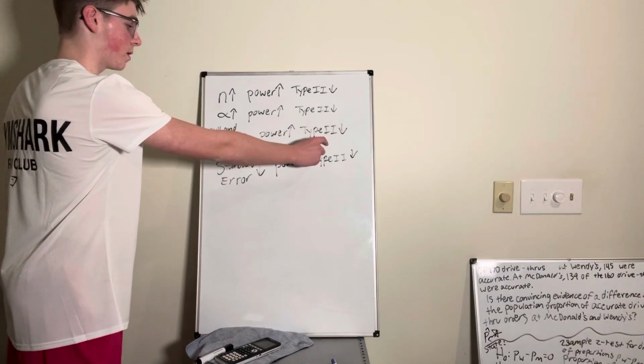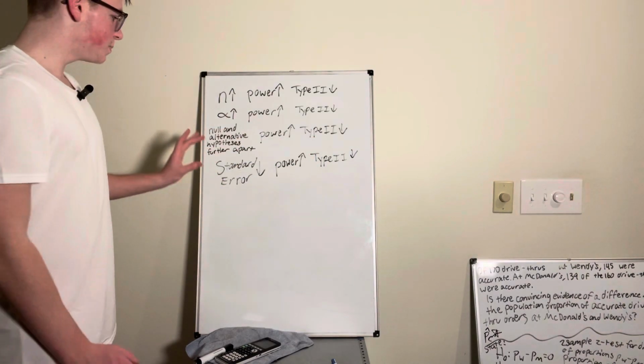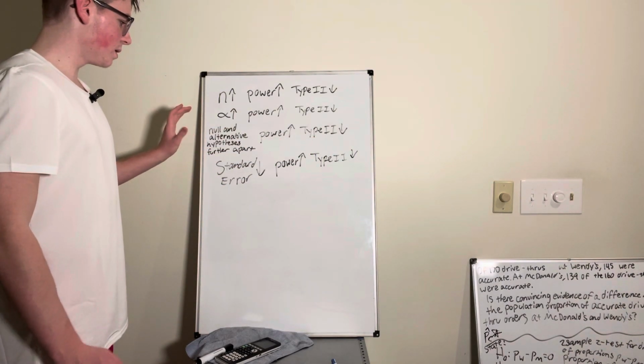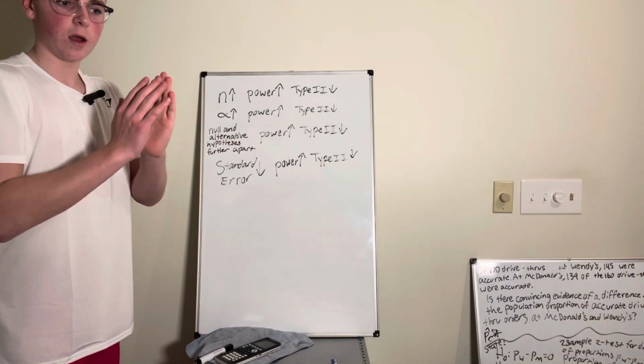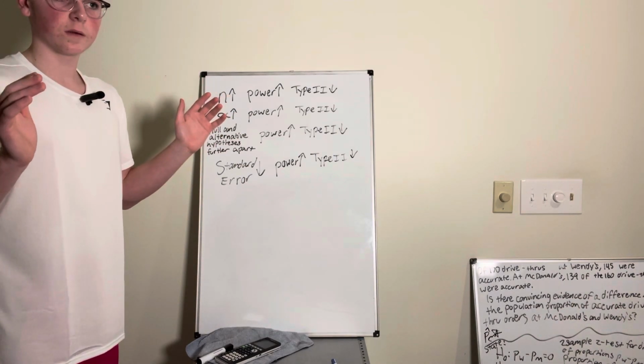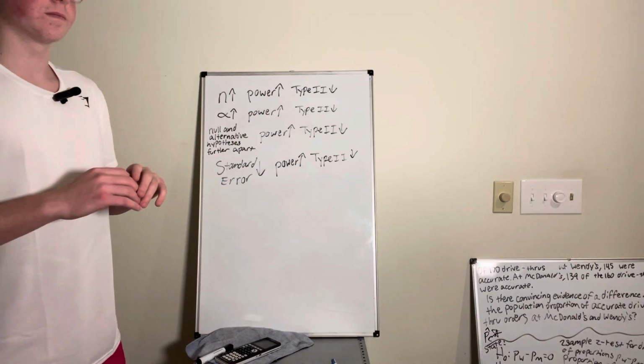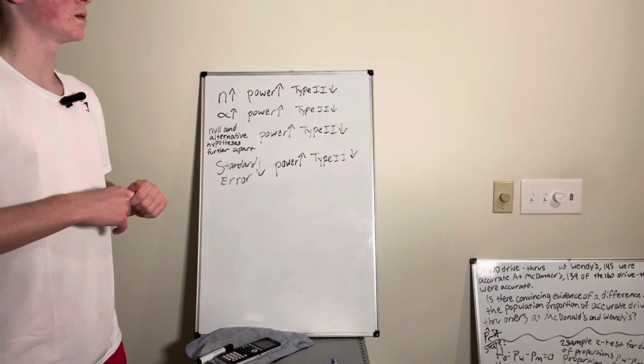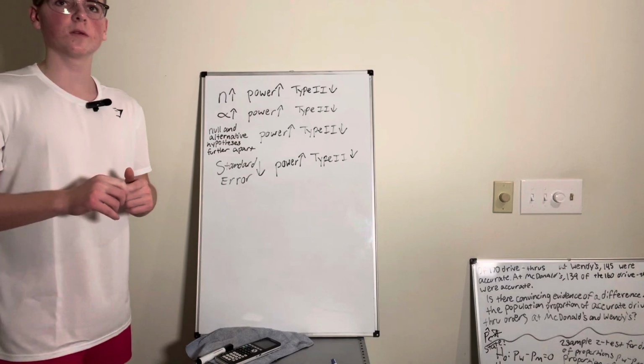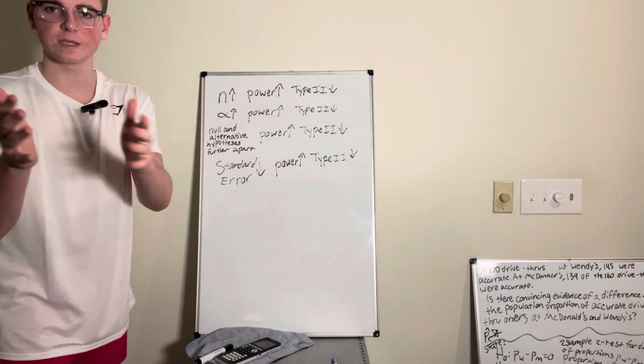Power goes up, type 2 error goes down. And this is because these values that you're looking at are further away from each other. Assume that the true difference is 0. Like if H0 is that the difference is equal to 0.